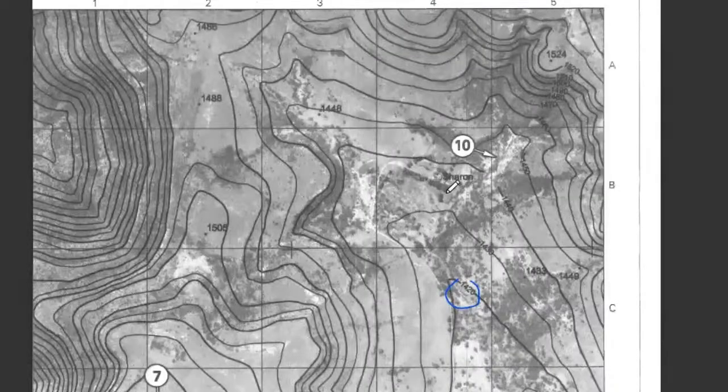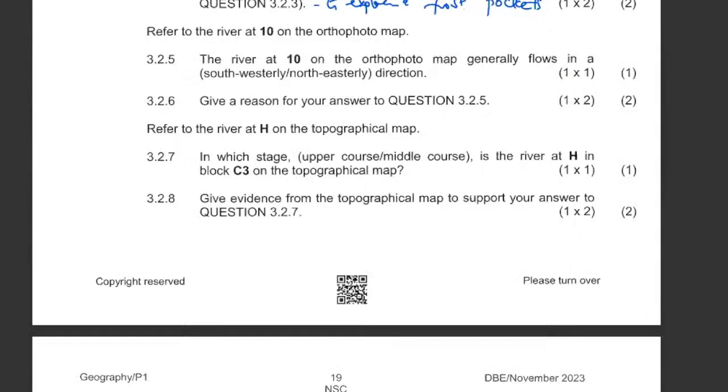When you look at 10 here the contour lines are indicating that it is 1520, 1510, 1500, 149, meaning that here is higher and here is lower. And we know that rivers can't climb the mountain, but they flow down the mountain. Therefore, when you look at that direction, it is the southwesterly direction.